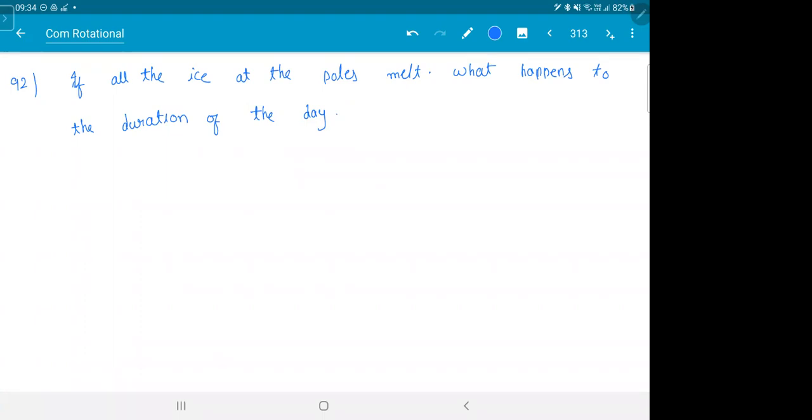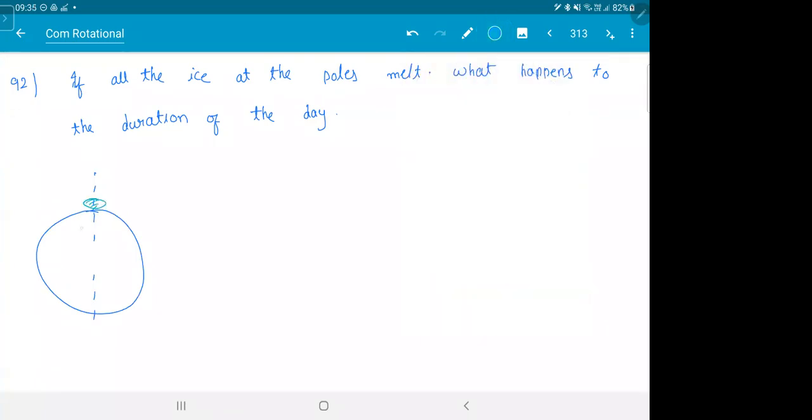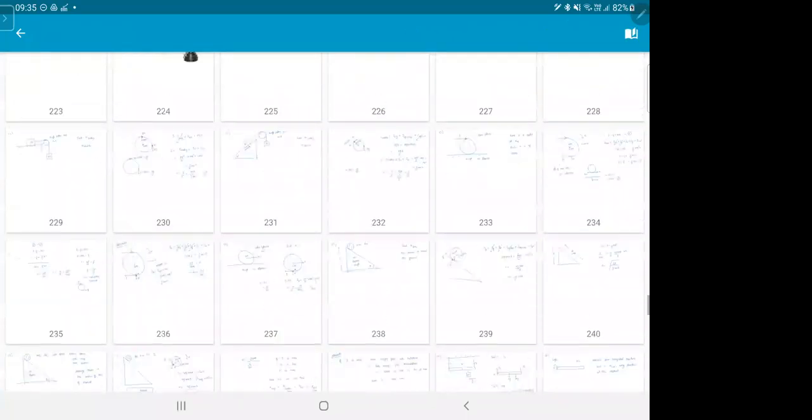So all the ice is at the poles. So when this thing melts, the moment of inertia increases, because the distance is more. Remember this question? We have done this before. We did this in moment of inertia.